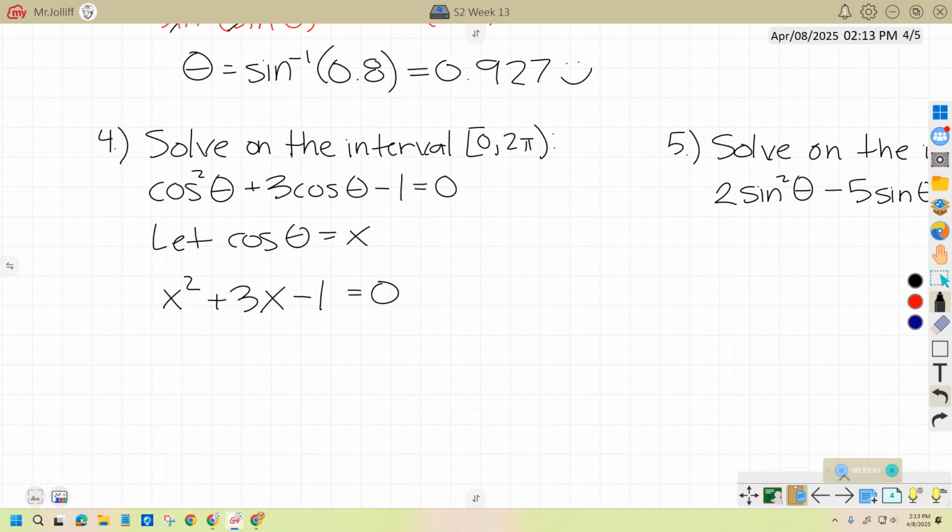That's something our sophomore selves knew how to solve. Two obvious choices, factoring or quadratic formula. First we try to factor, because a is 1, no coefficient in front. So what numbers multiply to -1 and add to 3?